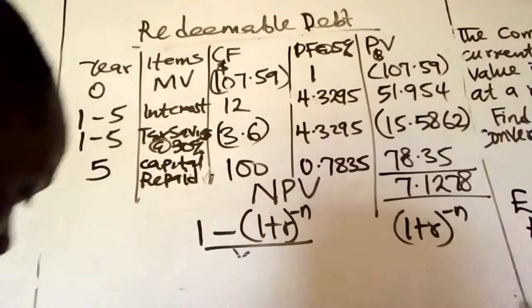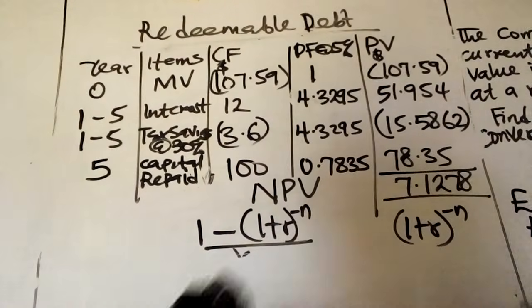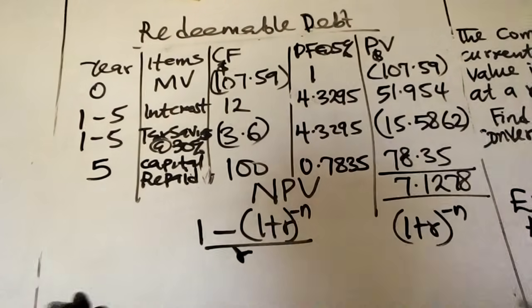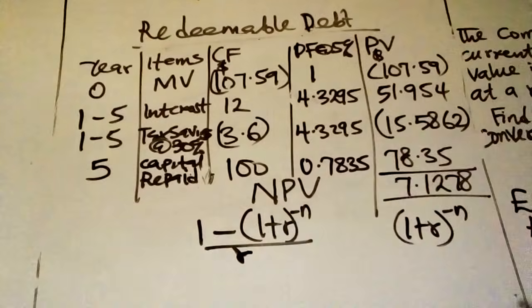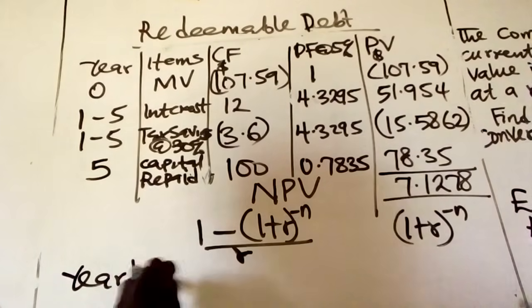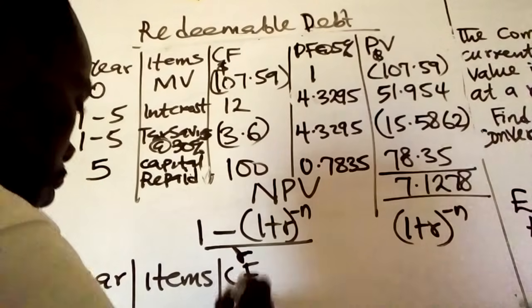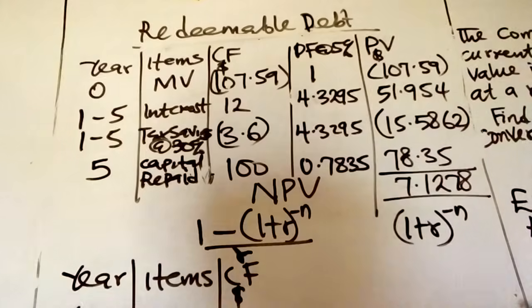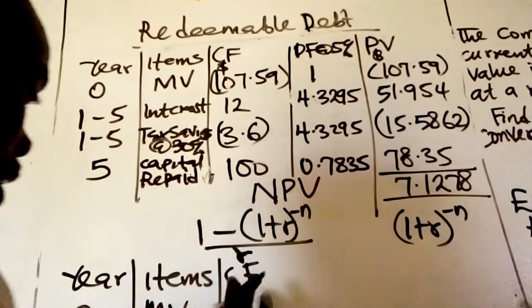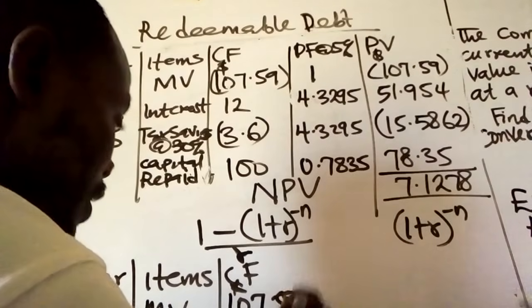I told you that for the purpose of IRR, two net present values will be required. One positive, another one negative. So we have here items, cash flows. Here 0, the market value, and that is 107.59.